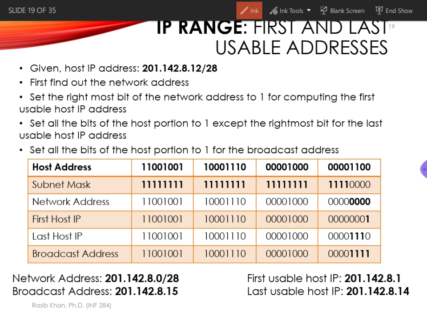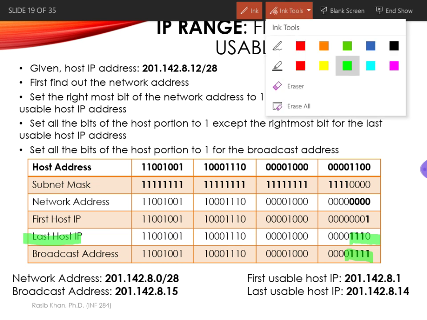If you're trying to calculate the last host IP address that we can use for any host in that network, we now need to set all the bits in the host ID part to ones except for the last bit. The reason is that if we set the last bit to 1, that would actually make it our broadcast address, right?